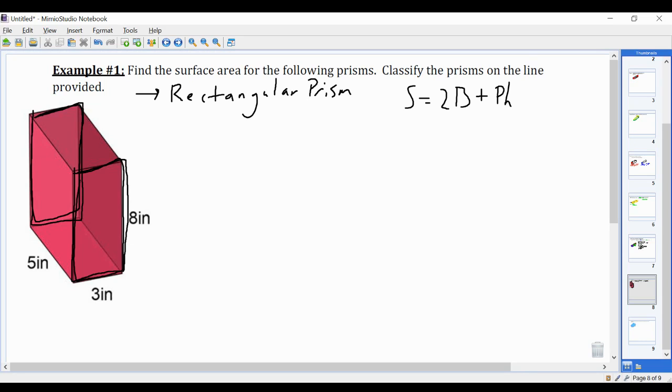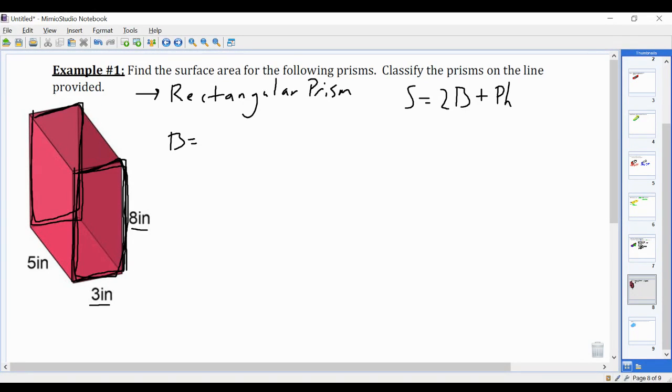So let's start by finding the base, B. Base area B is equal to, here's our base shape right here. So our two dimensions, we've got 3 inches and 8 inches, and for a rectangle, all we have to do is multiply them together.